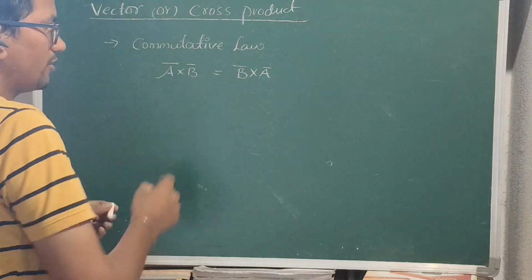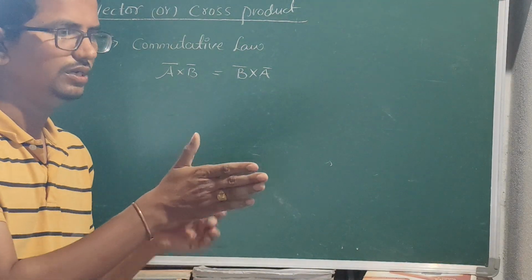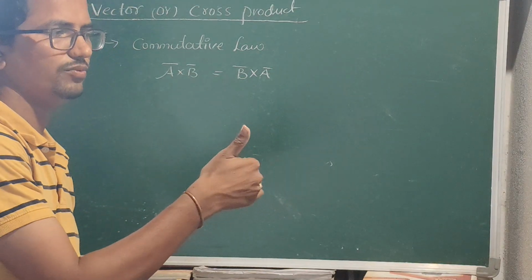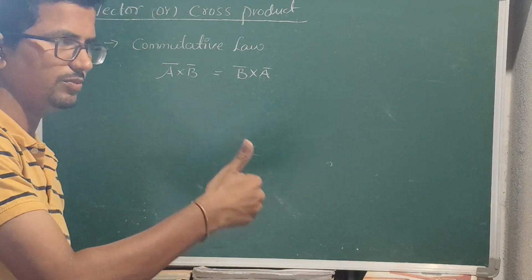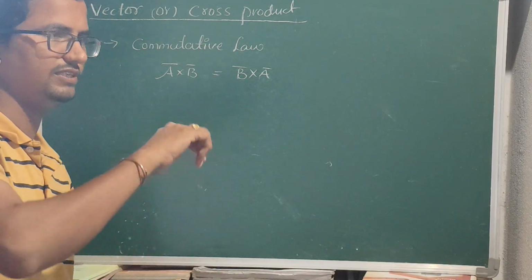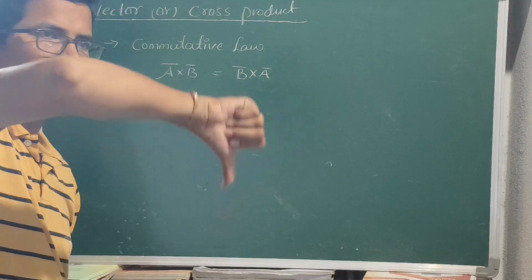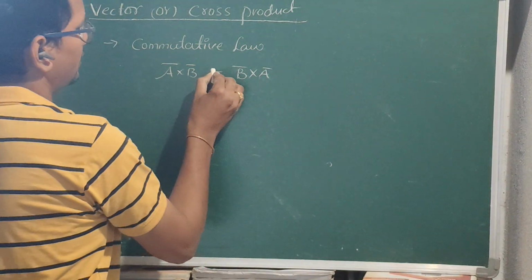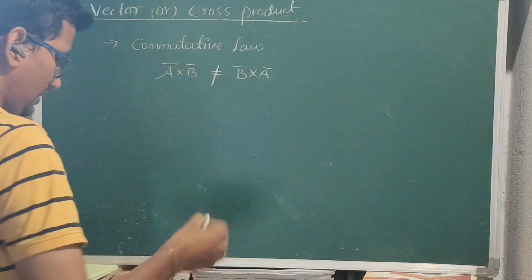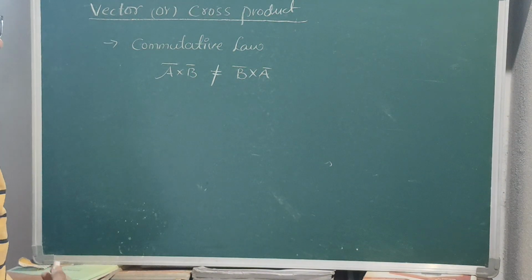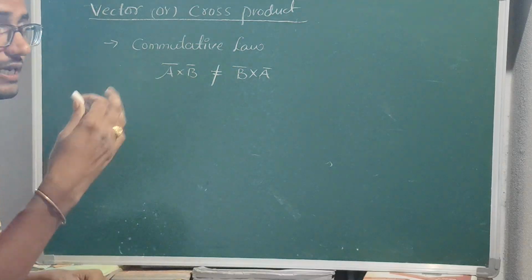For example, vector A and vector B. A bar cross B bar: the thumb shows the upward direction. B bar cross A bar: the downward direction. Means the direction is opposite. That's why it does not obey the commutative law for the vector or cross product. But it can obey another form. How?